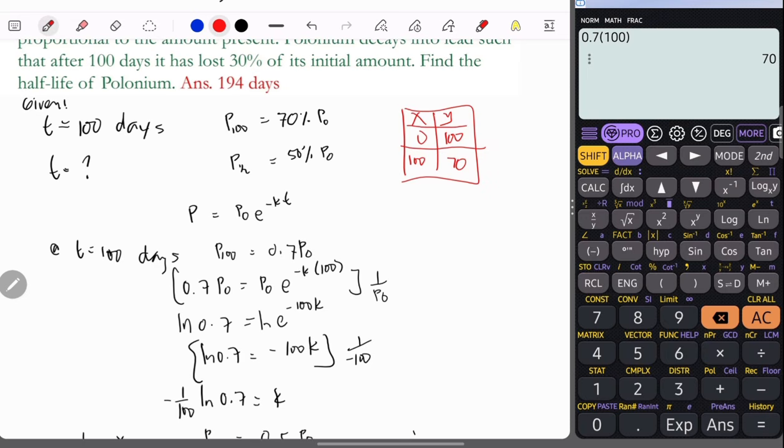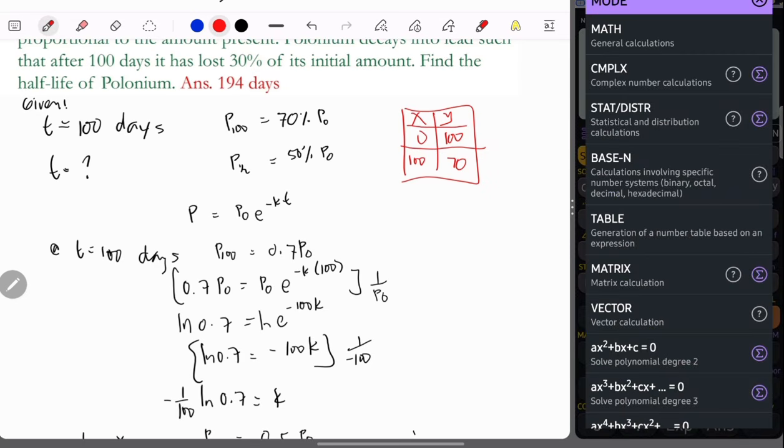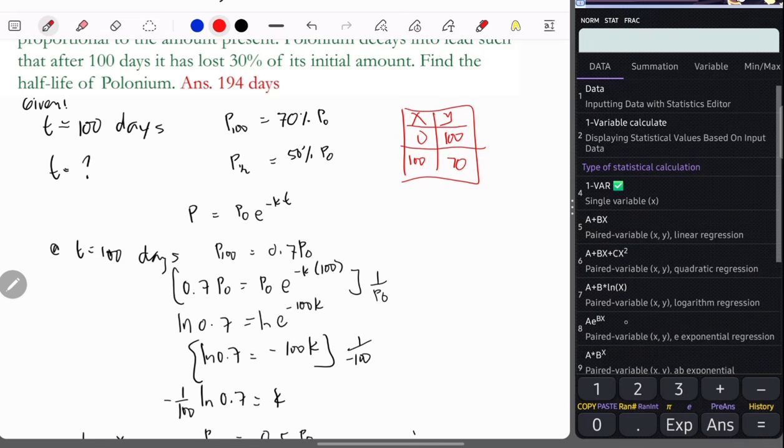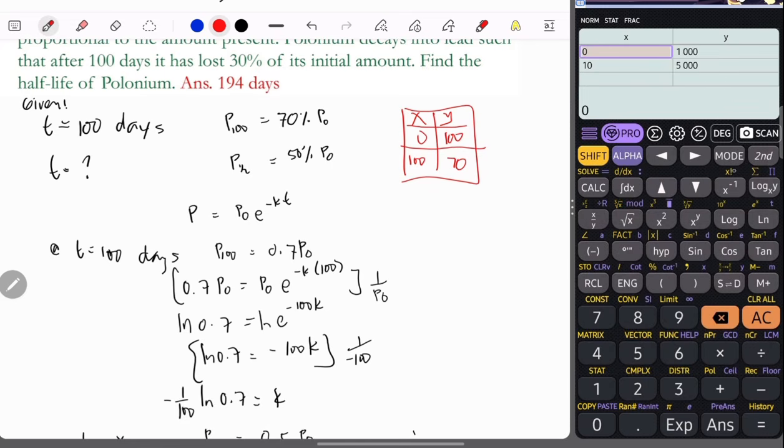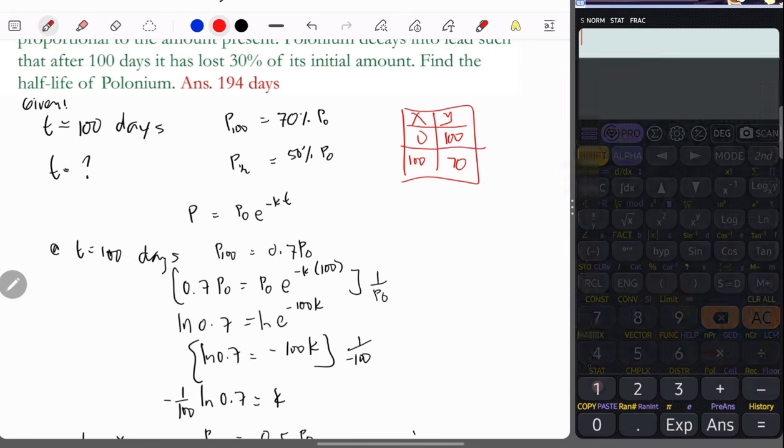Then, AC, shift 1. Mode, stat. E to the BX. Input 0, 100. Then 100, 70. AC, shift 1.